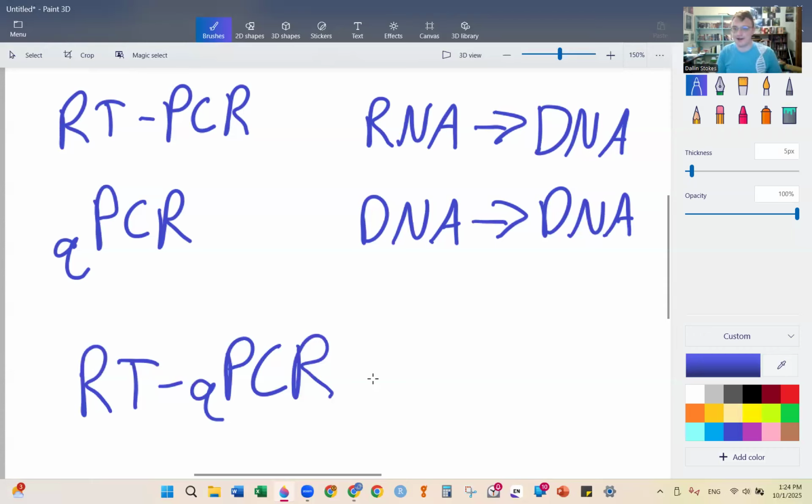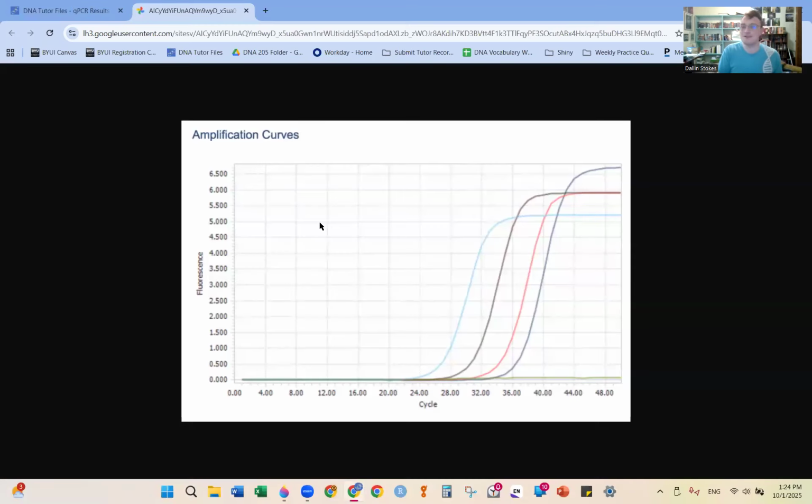And RT-qPCR merges the two. So you use glowing nucleotides and you use reverse transcriptase. So it converts the COVID RNA into DNA, and then you use the glowing nucleotides to build glowing DNA strands and track it over time. So if this version over here that I was showing as an example was for COVID, they would actually be doing RT-qPCR instead of either qPCR or reverse transcriptase PCR.